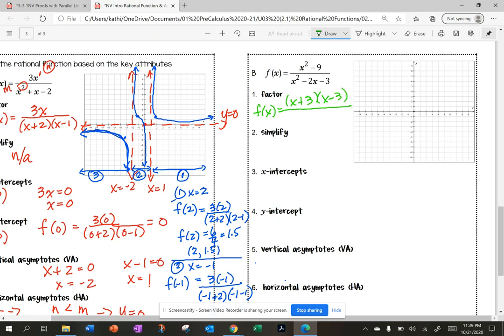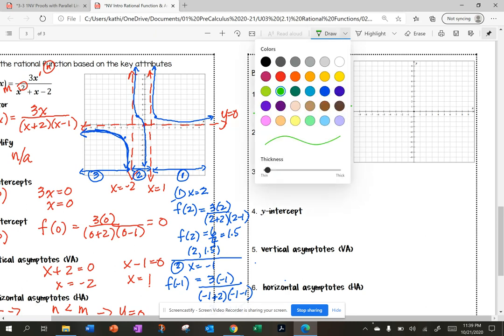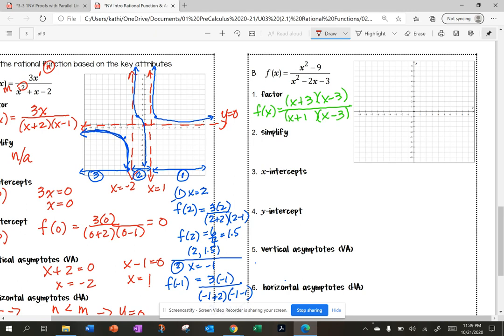And factoring the bottom, x plus 1 and x minus 3. Next step says simplify. I have some common factors in the numerator and the denominator. So my simplified equation is f of x equals x plus 3 over x plus 1.